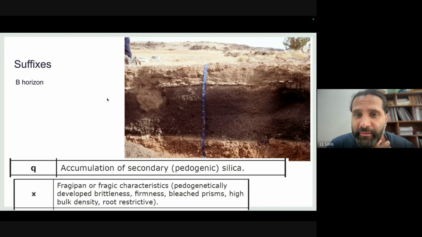Okay, in some conditions, especially as I said, in very dry conditions, you can register some salt concentration at the surface, right? Because the water migrates from deeper horizons to the surface, and when the water reaches the surface, it evaporates, and this water brings a lot of calcium, sodium, chloride, bromide, and other anions and cations.